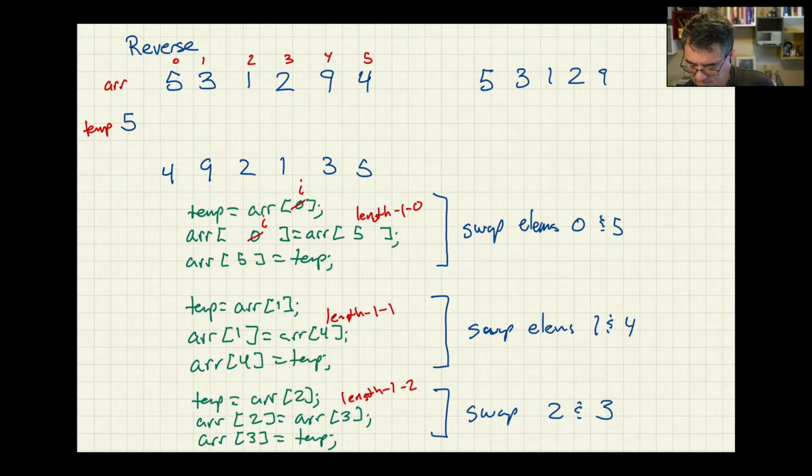Now, to be honest, I might have seen this as not length minus 1 minus 0, but as just length minus 1. And the other one was length minus 2, and the other one length minus 3. So I can see that if this is going 1, 2, 3, then it's just one more than whatever this number is.